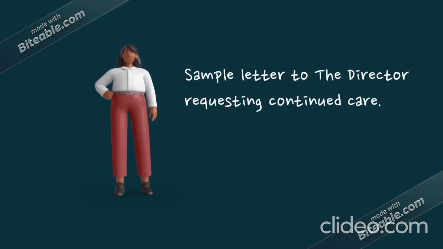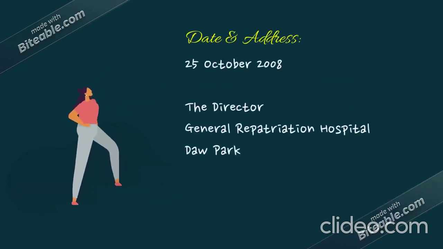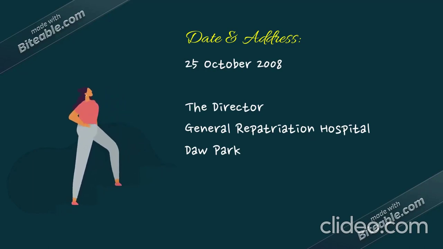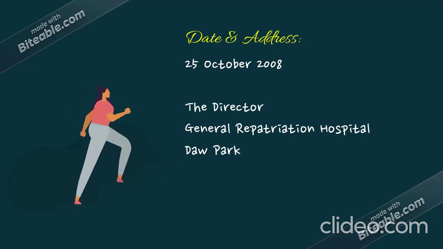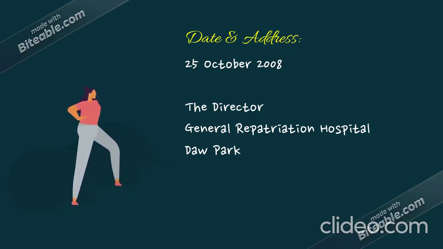So now let us go to the letter, how we can present it in the OET letter format. So let us start with the date and address: 25 October 2008. The Director, because the name is not given, only the designation, so we have to write the Director. General Repatriation Hospital, Doe Park.